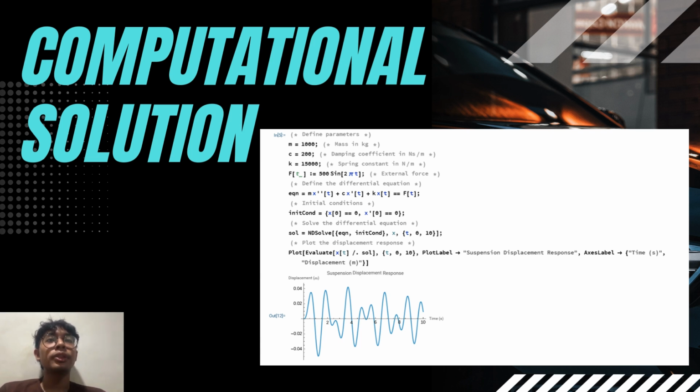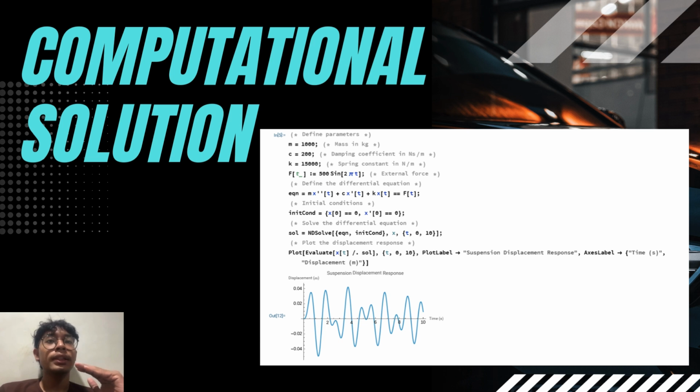This equation represents the system dynamics where m, the mass of the vehicle, is set to 1000 kilograms; c, the damping coefficient, is set to 200 Ns/m, controlling how quickly oscillations decay; k, the spring constant, is set to 15,000 N/m, defining the stiffness of the suspension.